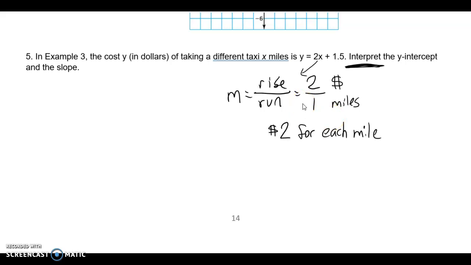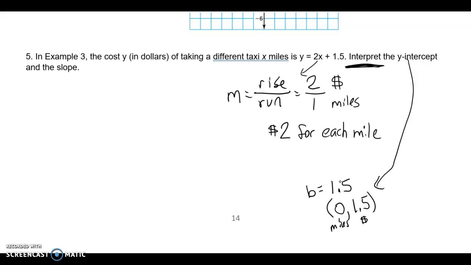And then interpret the Y-intercept. The Y-intercept is 1.5. That's your B. Remember that is always going to be 0 in the X and 1.5 in the Y. So again, your X label was miles, your Y label was dollars. So you're like, what? 0 miles costs $1.50?